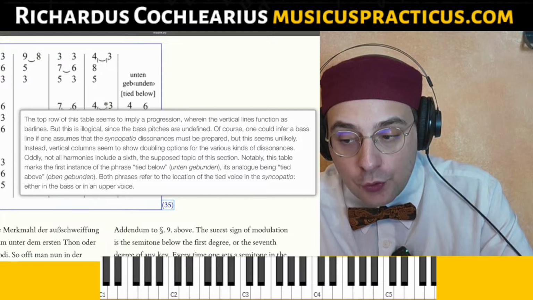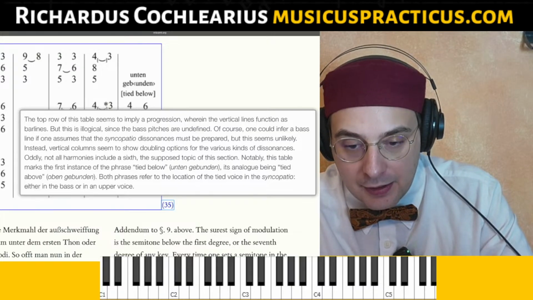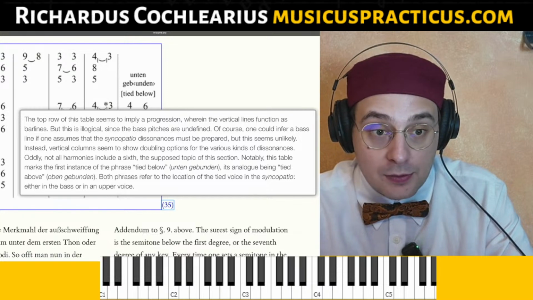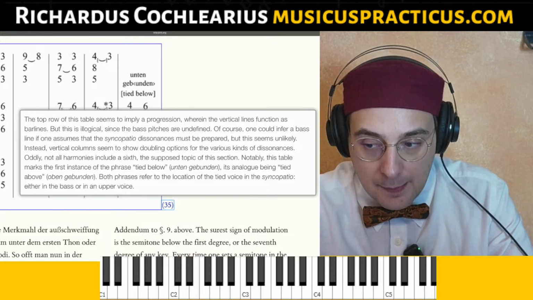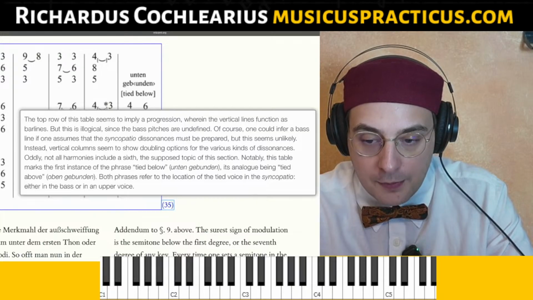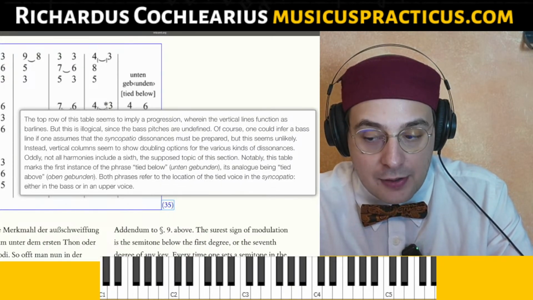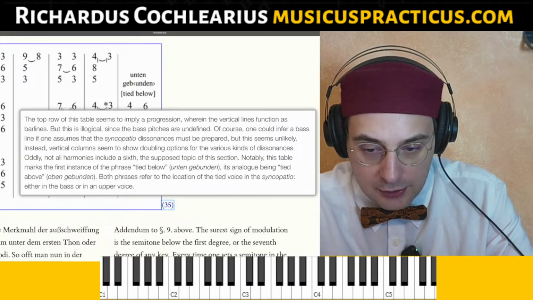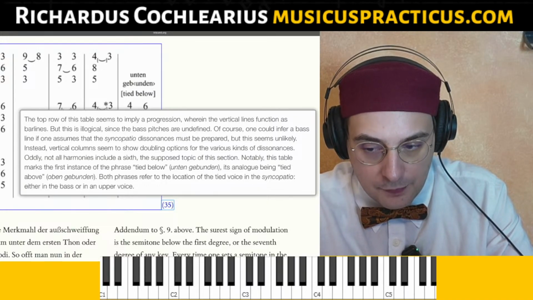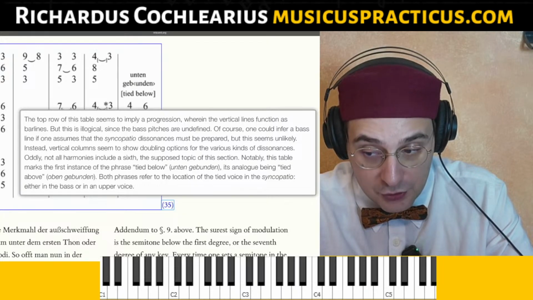Of course, one could even infer a bass line if one assumes that the syncopatio dissonances must be prepared, but this seems unlikely. Instead, vertical columns seem to show doubling options for the various kinds of dissonances. Oddly, not all harmonies include the sixth, the supposed topic of this section.